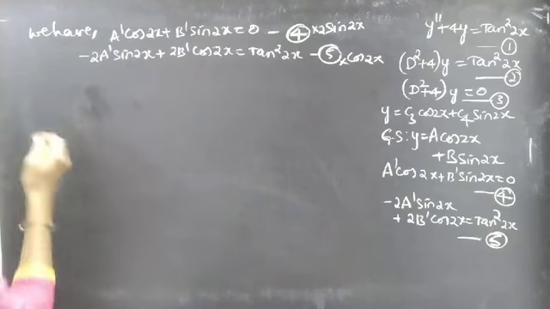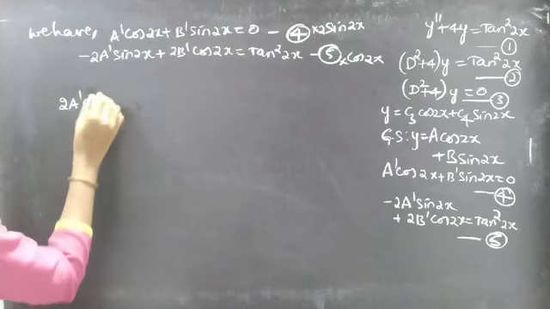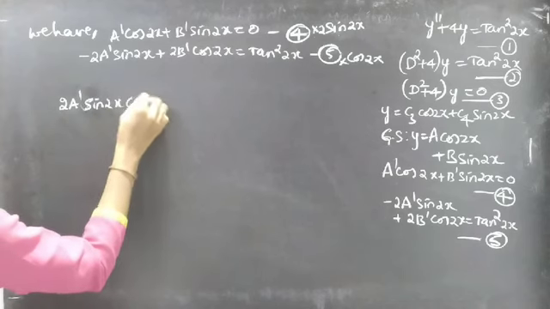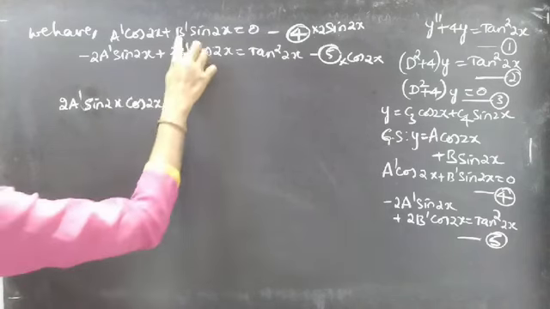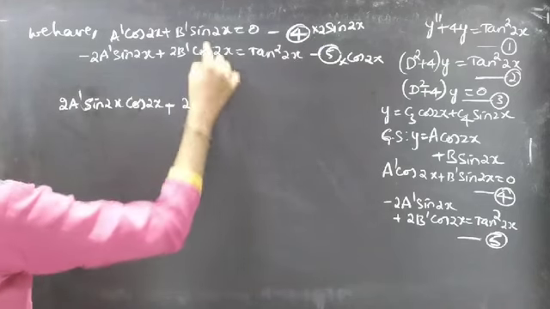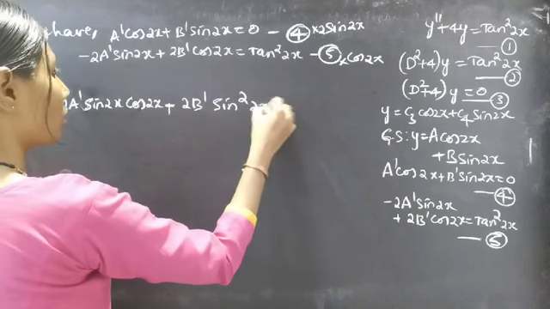Then we'll get 2a' sin 2x cos 2x plus 2b' sin 2x into sin 2x, which is sin square 2x, equal to 0.